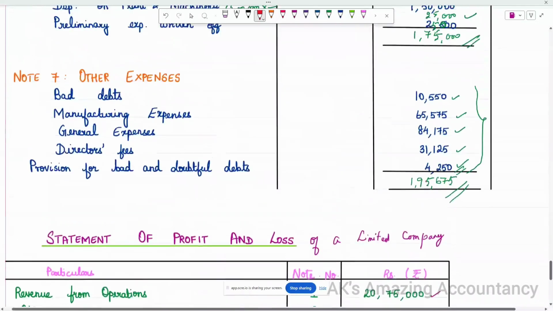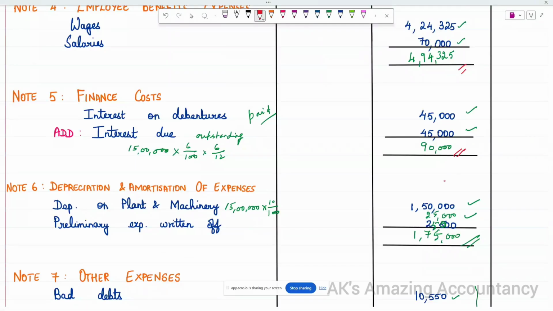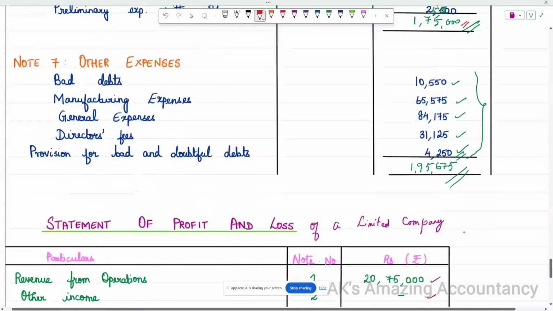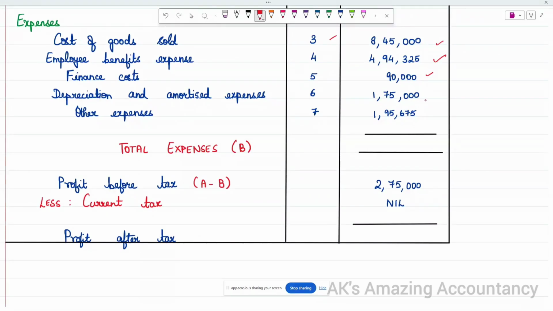We have already prepared note 5 for finance cost. So how much is note 5 finance cost? It is 90,000, this amount. So note 5 finance cost is 90,000 and note 6 depreciation is 1,75,000. So let us enter these two amounts. Note 5 finance cost 90,000. Note 6 depreciation and amortization expenses 1,75,000.